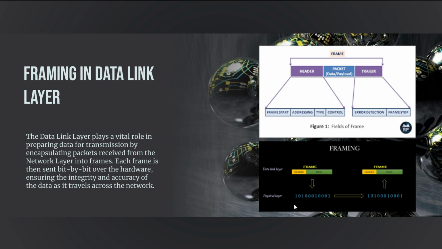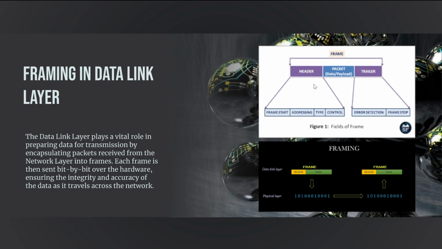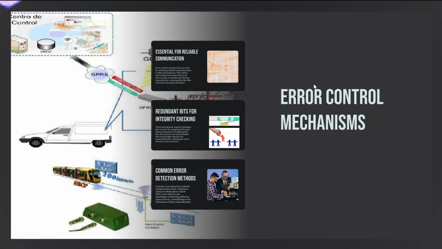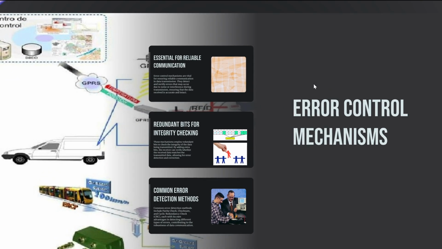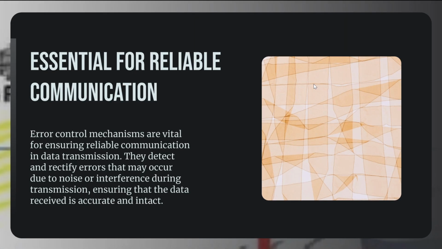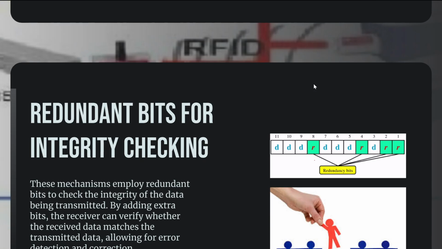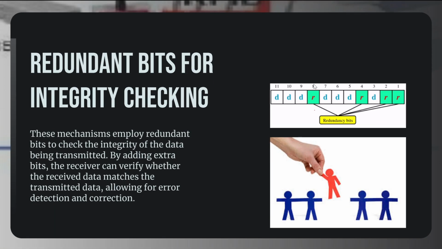Going on, you can see them in detail. Framing, the data link layer, plays a vital role in preparing the data for transmission. The next one is error control mechanisms. Error control mechanisms are essential for reliable communication. They can detect and rectify errors, and they add redundant bits for integrity checking.